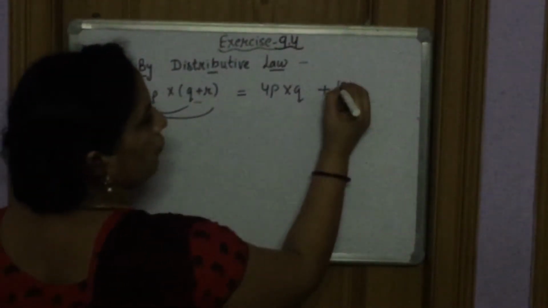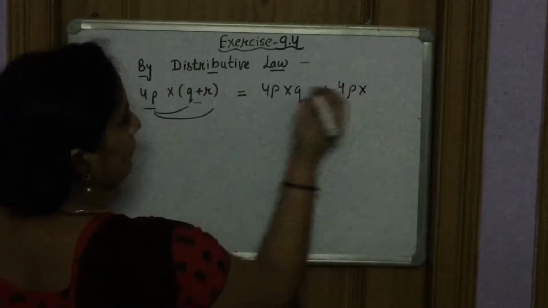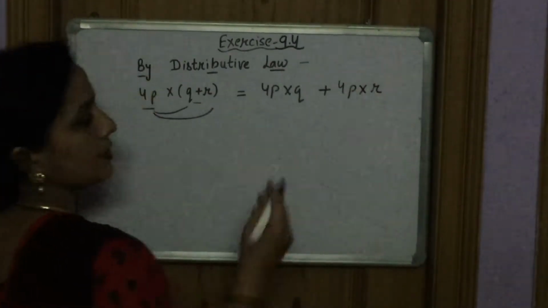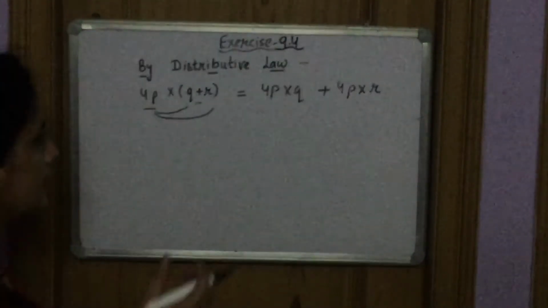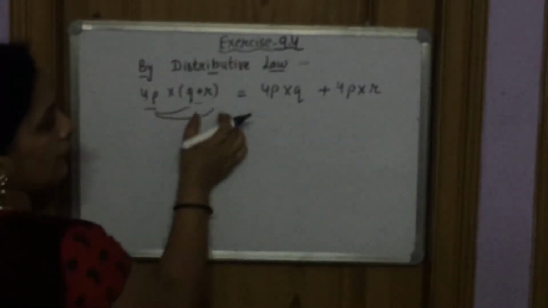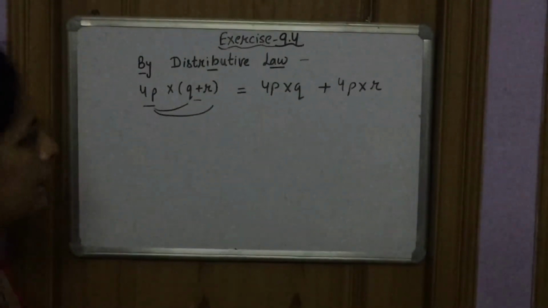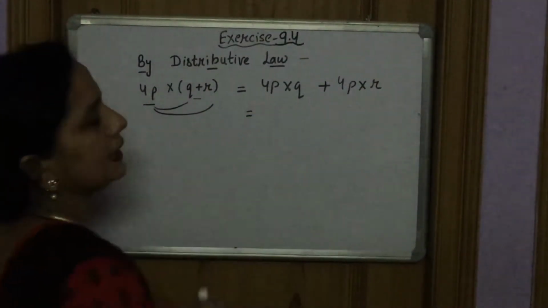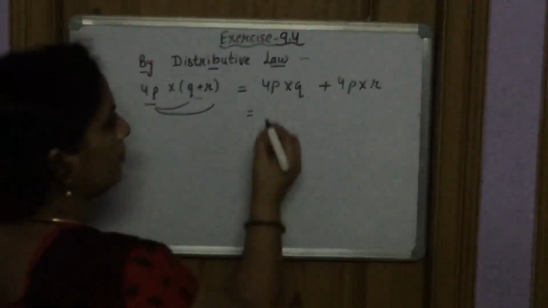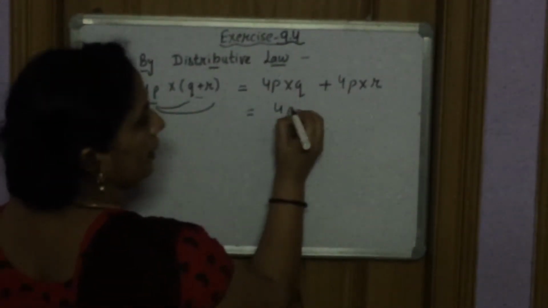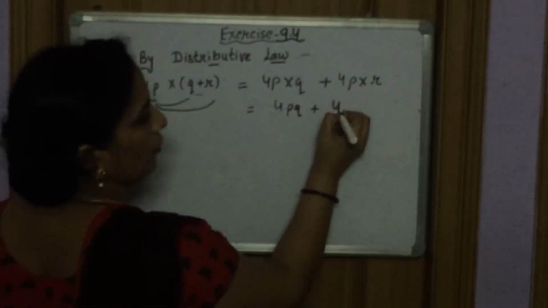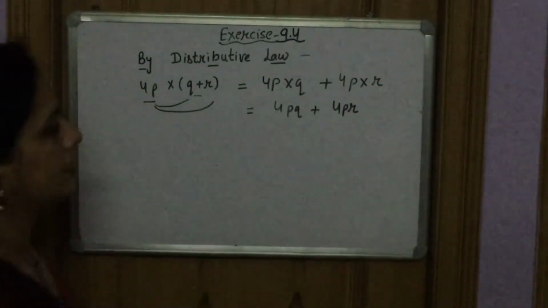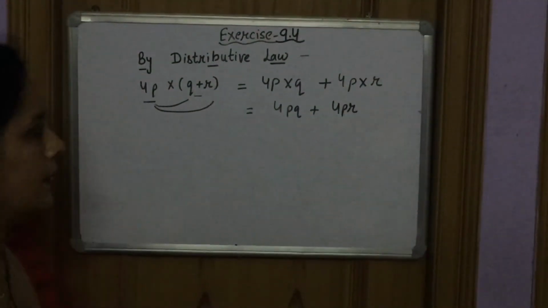After this, 4p multiply r. This is the distributive law. That means distribute this term with both of the terms. After that we will multiply, then our final answer will be 4pq plus 4pr. This is our final answer.